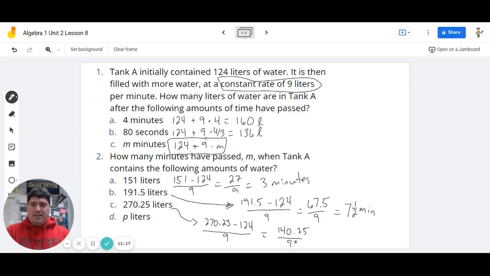If you put that into your handy dandy calculator, you would get about 16.25 minutes that it would take. And then P liters, well, we would just say P minus 124 divided by 9 gives us our minutes. Okay, cool.